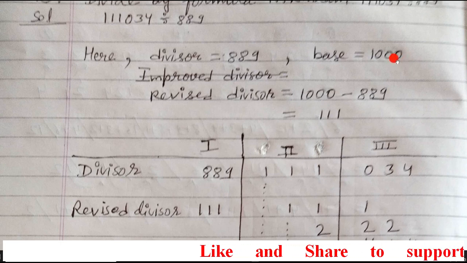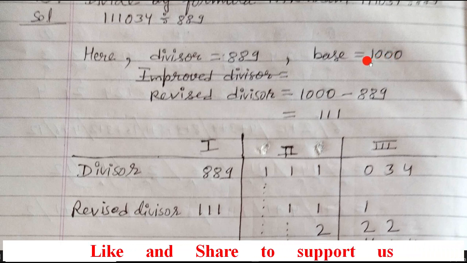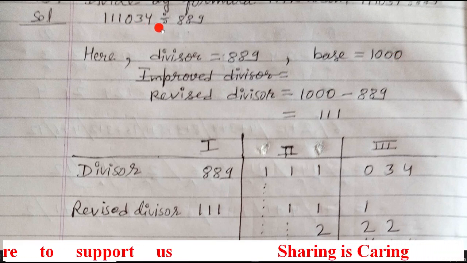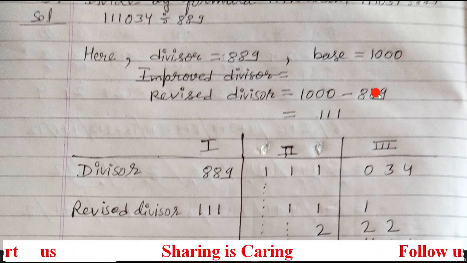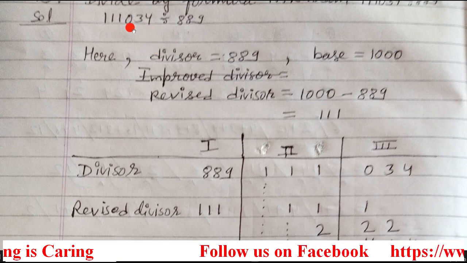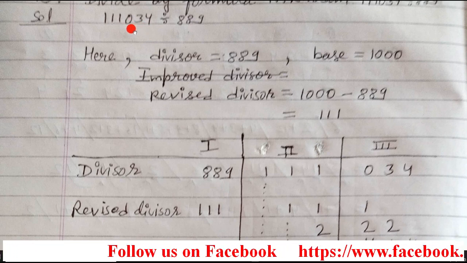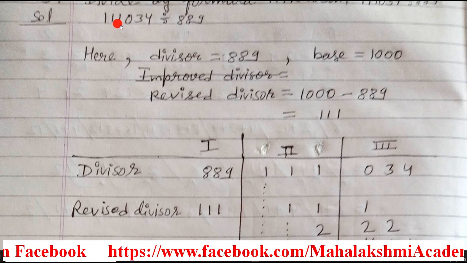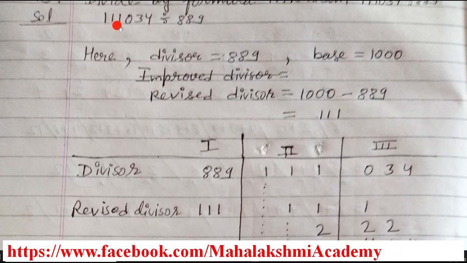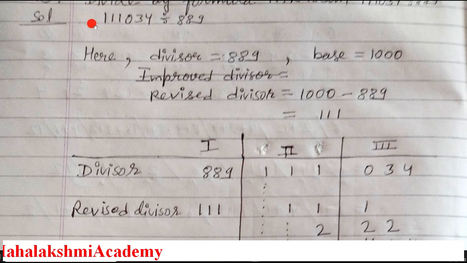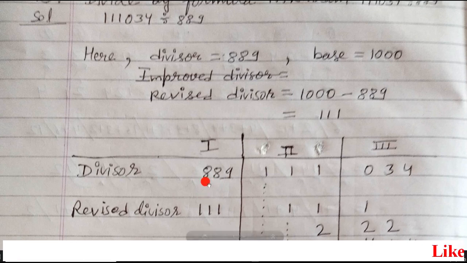First see how many zeros you have in the base. That many digits from the dividend, from the back, will enter in section 3. So here we have 3 zeros. That's why 3 numbers from the back of the dividend, that is 0, 3, 4, will enter in this section. Now all the remaining digits from the dividend will enter in the second section, that is 111. So like this we have done these entries.